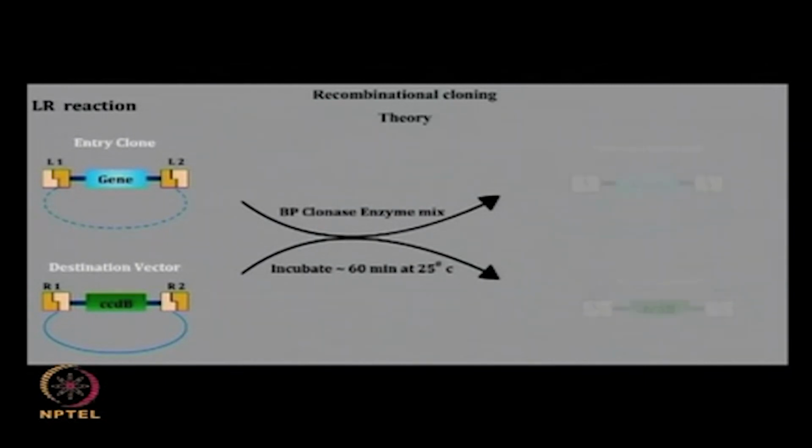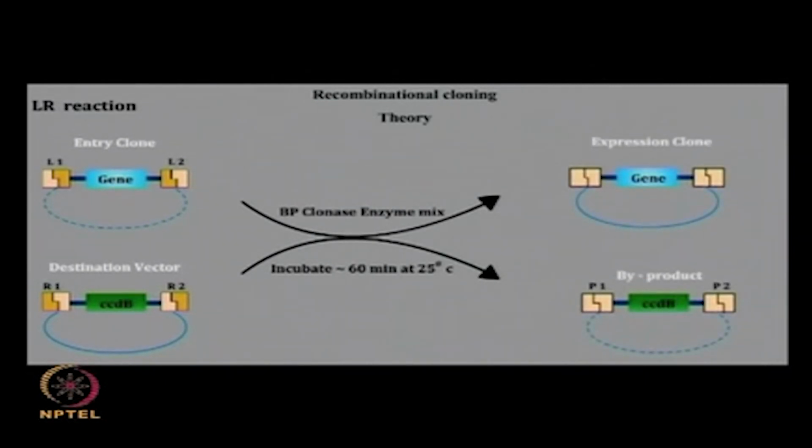The LR reaction is essentially the reverse of the BP reaction, where the master clone flanked by the attL site recombines with a destination vector with attR sites. This reaction, which takes place in the presence of LR Clonase enzyme mix, results in transfer of the gene from the master clone to the destination vector to produce an expression clone for a specific purpose.